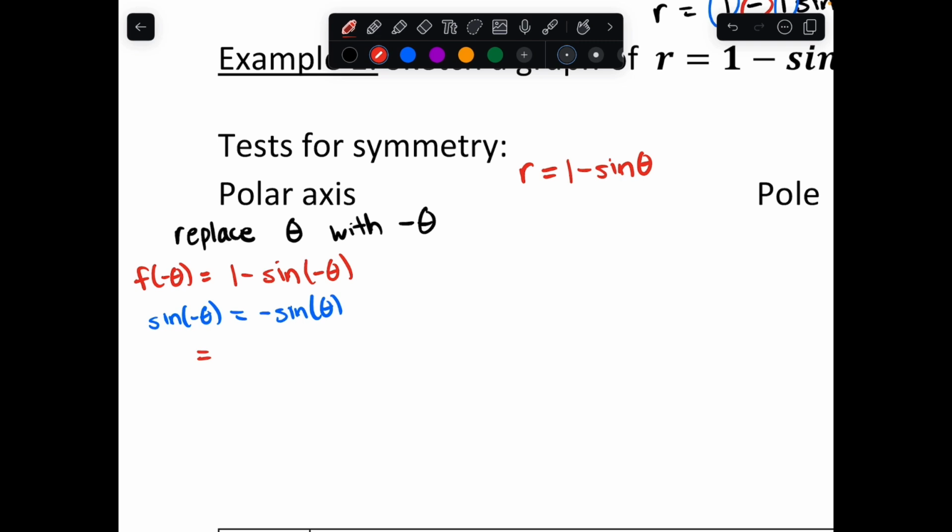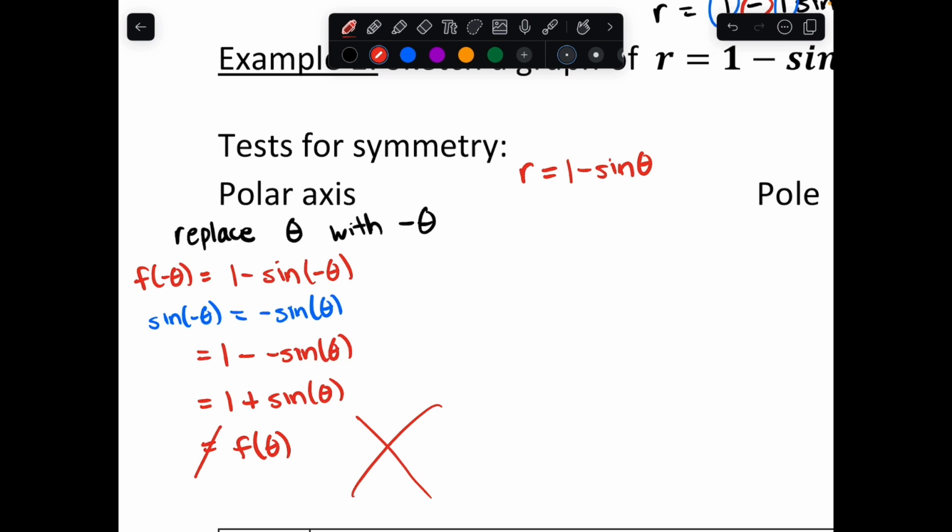This is going to be equal to 1 minus negative sine of positive theta. But now we have two negative signs right here, so a double negative will turn this into a positive. So this is actually equal to 1 plus sine theta. However, this is not equal to f of theta. F of theta is 1 minus sine of theta. So we do not have polar axis symmetry.